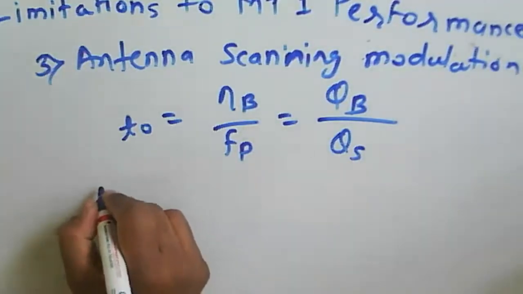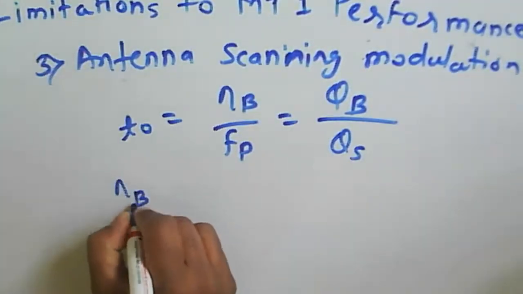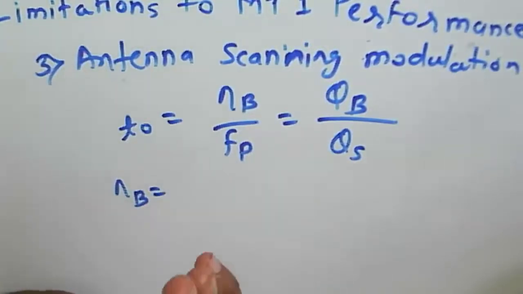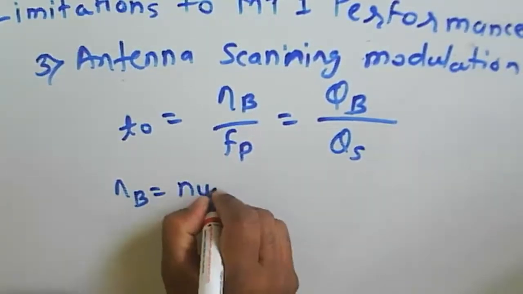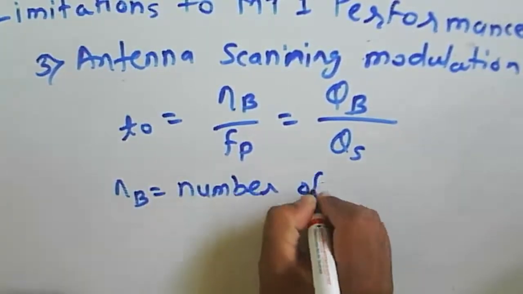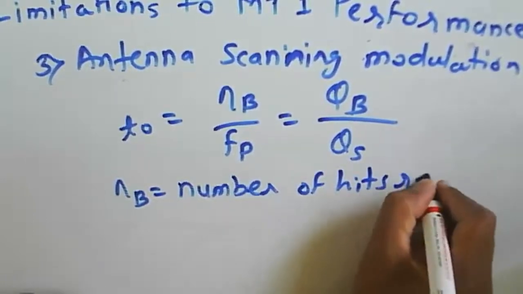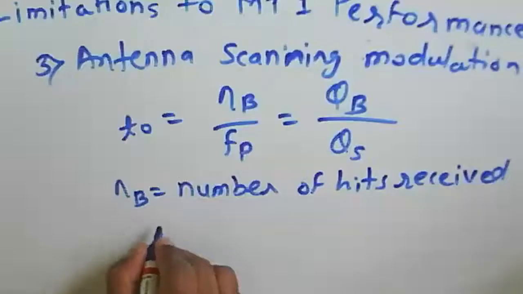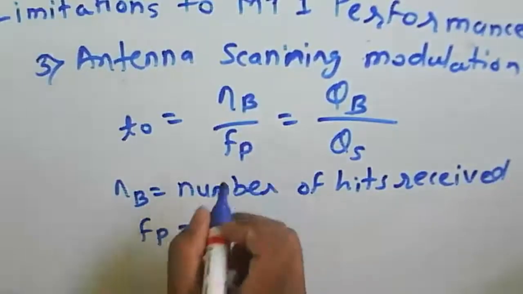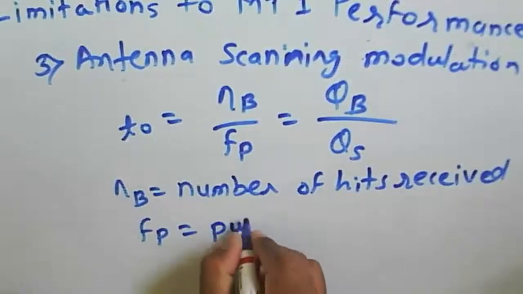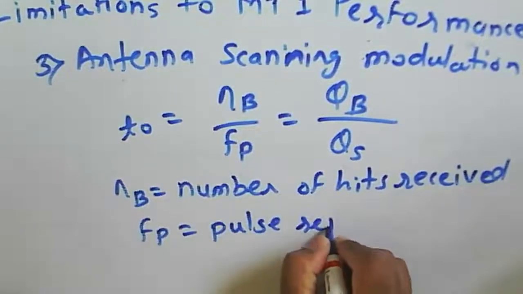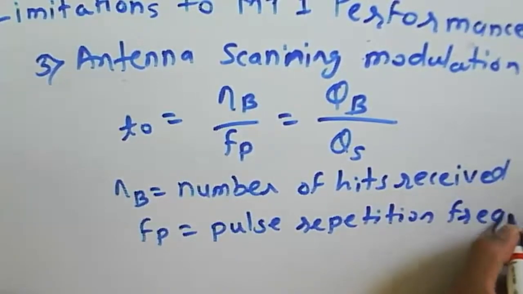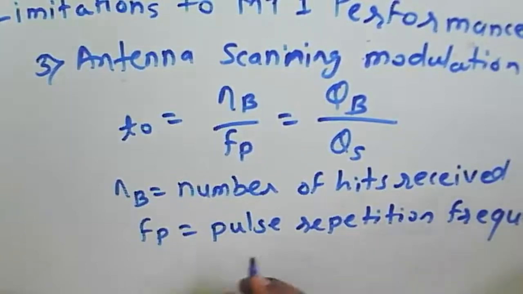And this NB is nothing but the number of hits received for a given particular pulse repetition frequency. This fp is the pulse repetition frequency.